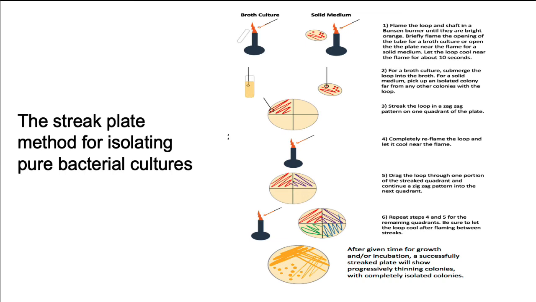So you want to kill the cells on the loop, and you keep moving a little bit from one quadrant to the next and then to the next, and that way you are spreading less and less cells on the plate. And if you did it correctly, then you will see this pattern where usually the last quadrant will show completely isolated colonies.